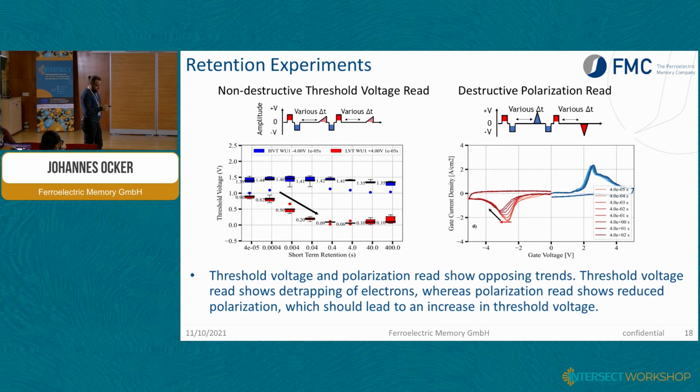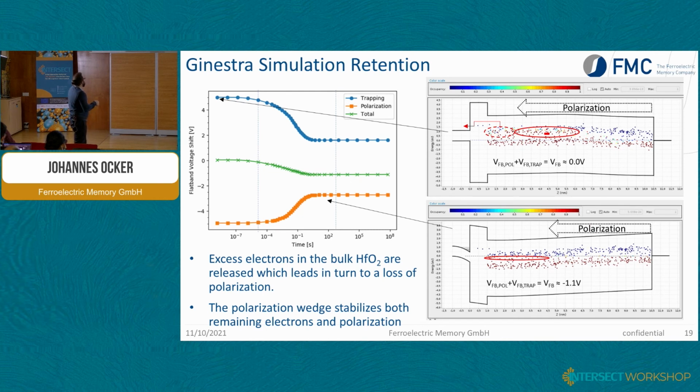So that means the polarization is already relaxing in this waiting time too. So you have two opposing effects that don't quite make sense, right? The electron release should shift the VT down, and here you have a relaxation of the polarization, which should shift the VT up. And this was not possible for us to understand without Ginestra, so we did this simulation.